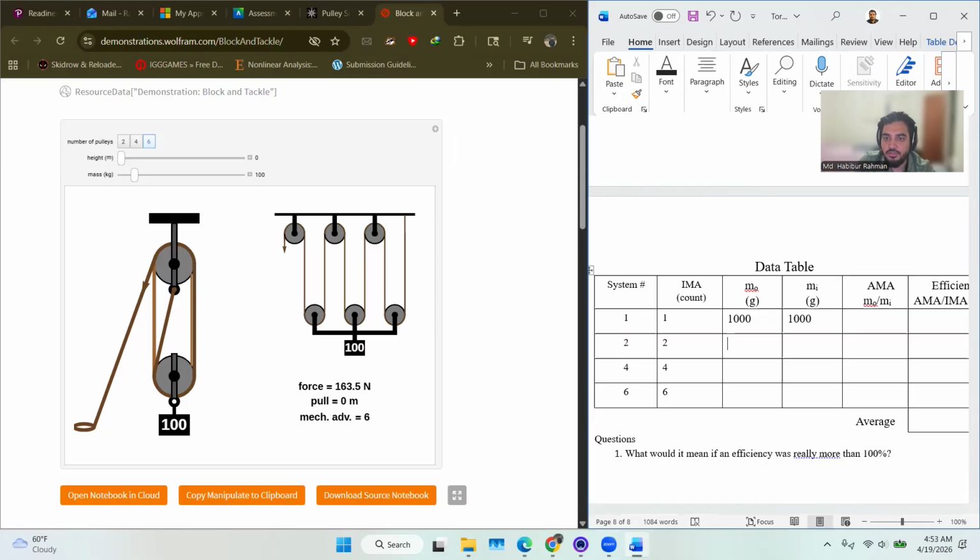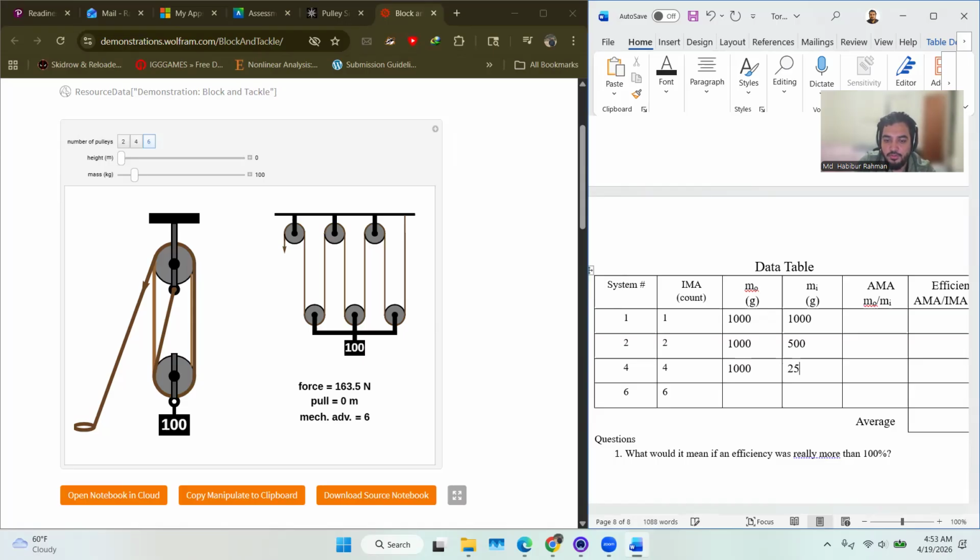So that one is a system of two different pulleys, one moving, one fixed, then it will be 100, it will be 500, and this one will be 1/4 and 1,000.